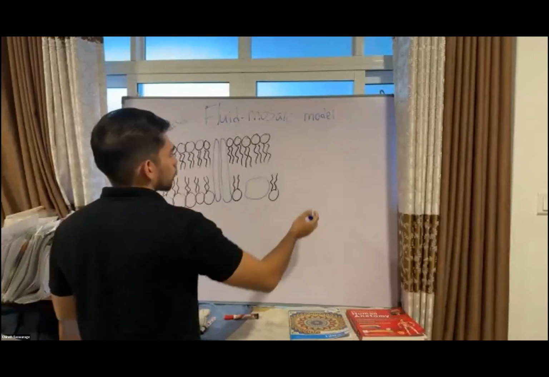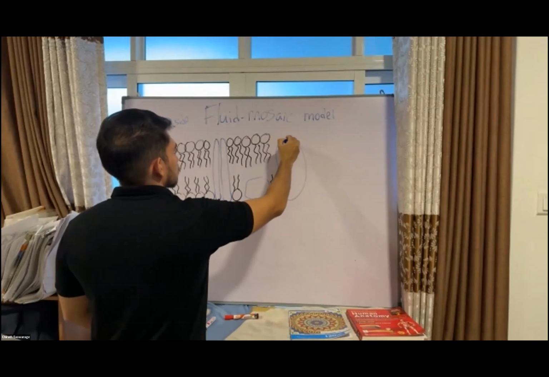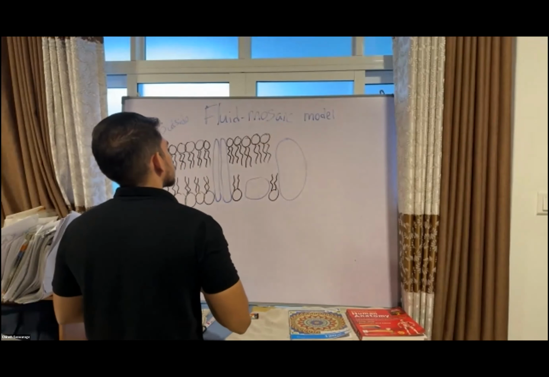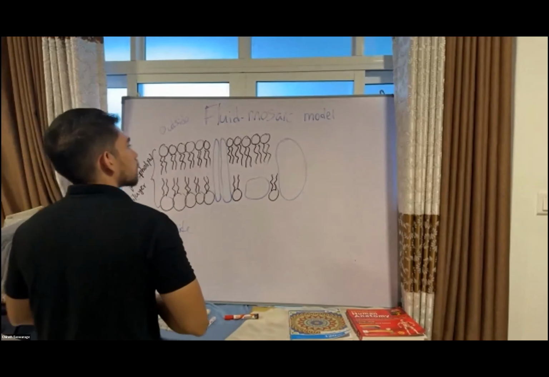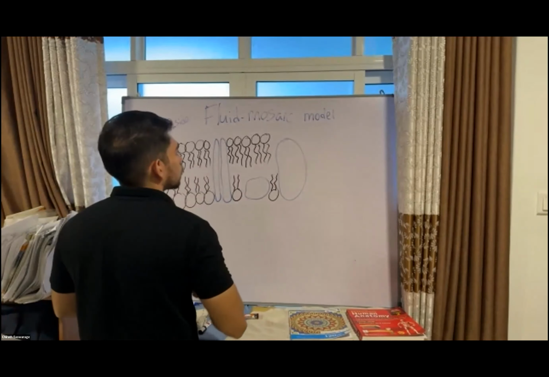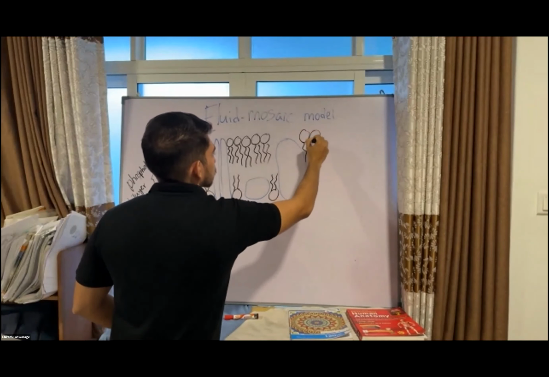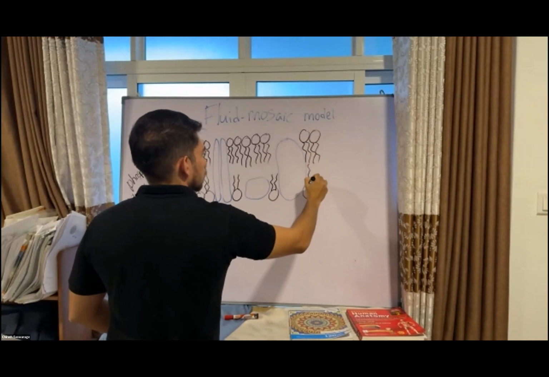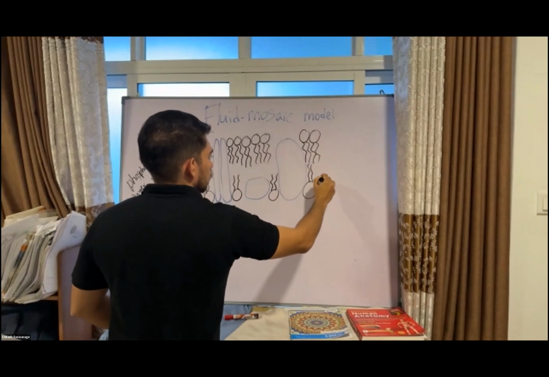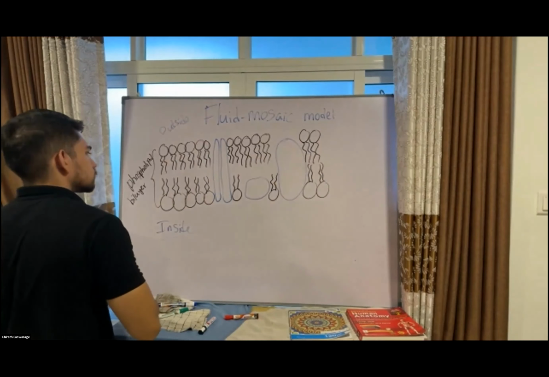Then I'll draw another protein here that is also spanning the entire thickness, right? Then I'll draw more phospholipids like this. This is basically it.